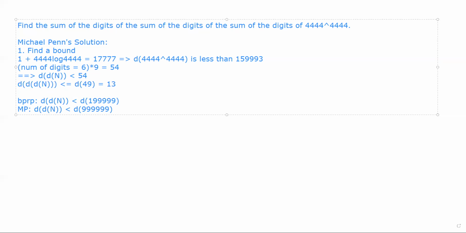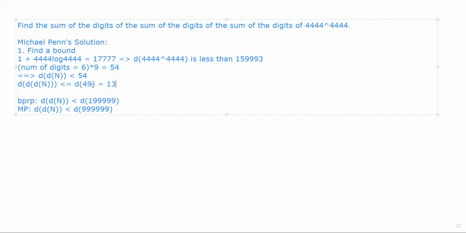Now, 49 has the greatest digit sum between 1 and 54. You have a small enough space that you can actually compare every single number.